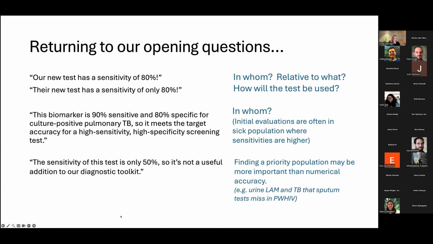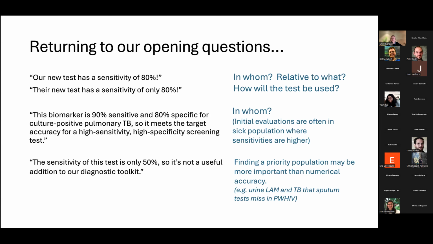This third example, we're saying a test isn't useful because its sensitivity is only 50%. I think it's getting at a different aspect of this, that it's not just the numerical sensitivity, but also incrementally, who is a test going to detect that isn't already getting diagnosed by existing tests and processes is an important consideration.